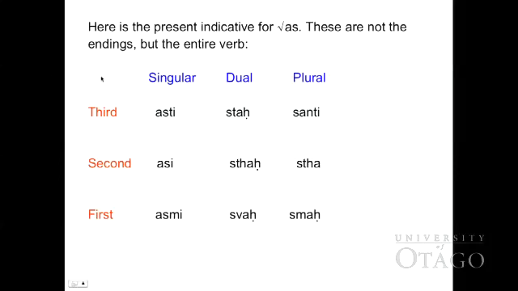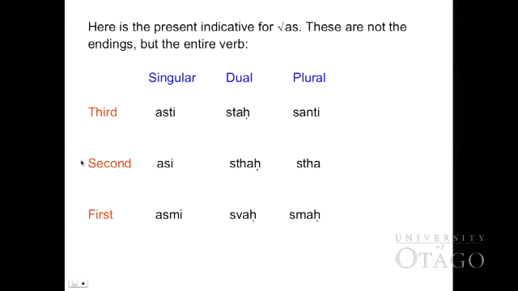Here is the present indicative of as, and this is a declension of the verb as. As is a verb group 2. So when they decline in this chart, not like what you have learned from lesson 3, first, second, third, the first group, that is ti, tas, anti, si, thas, tha, mi, vas, mas, it will be asti, stah, santi, asi, sthah, stha, asmi, svah, smah.